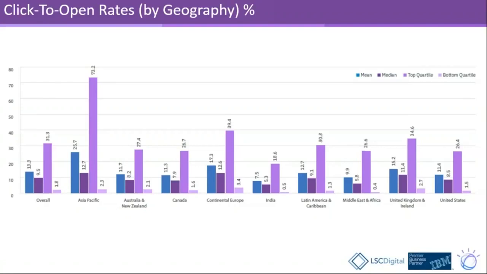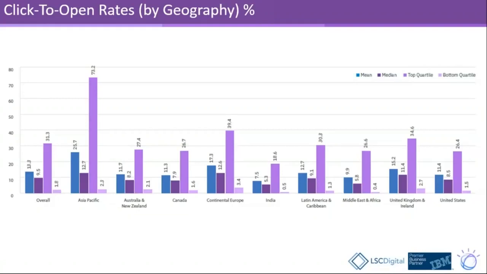That being said, now let's dive in, and so you can see again, across the regions, there are pretty significant differences. The interesting thing about the click-to-open rate is the math part of it. So sometimes what you'll see is that regions, in this case, or industries, or individual companies can actually have a high click-to-open rate, even though they had a lower open rate, and that's because of that math.